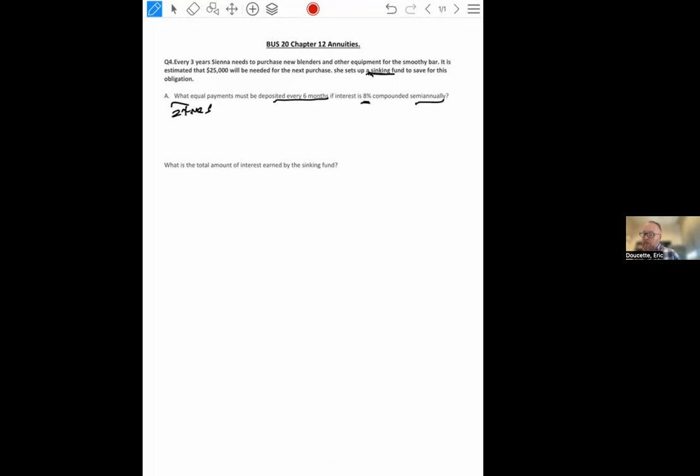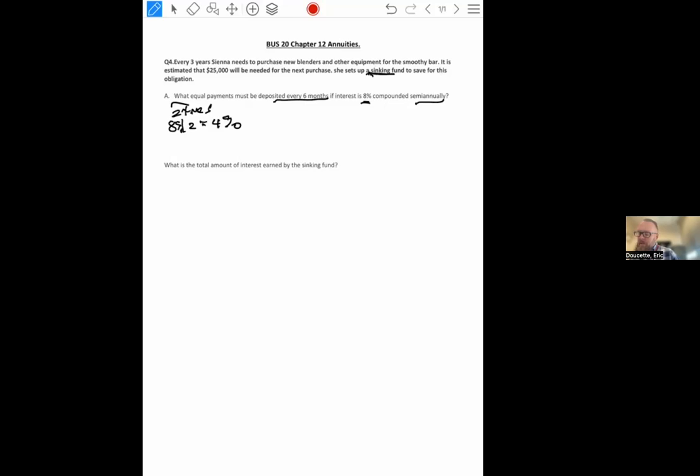So we're going to go 8% divided by 2 equals 4%. And then it's going to be semi-annually. How many years is it on there? Is it 3? Do I have 3 years on there?